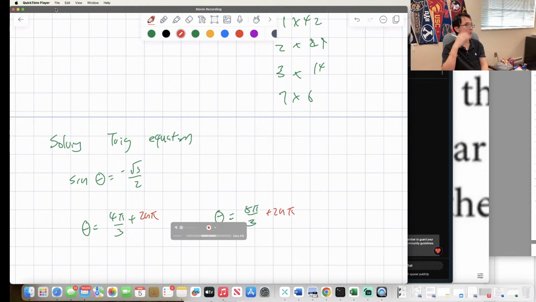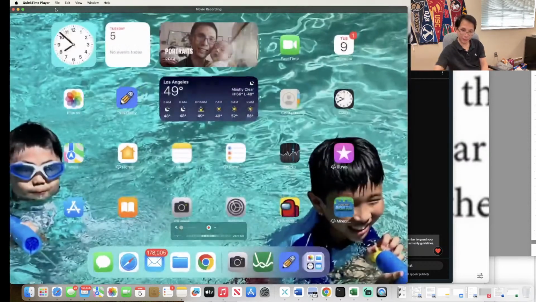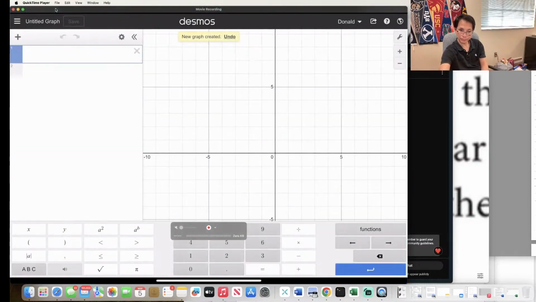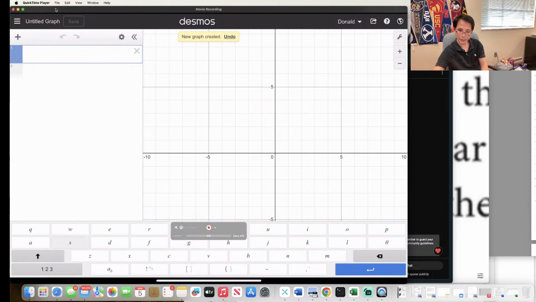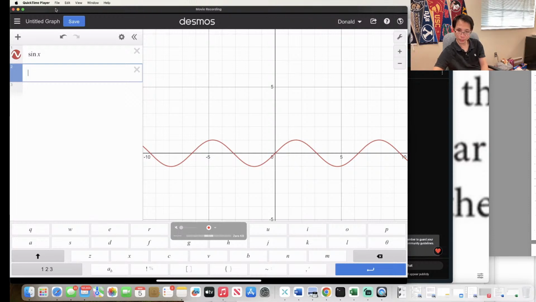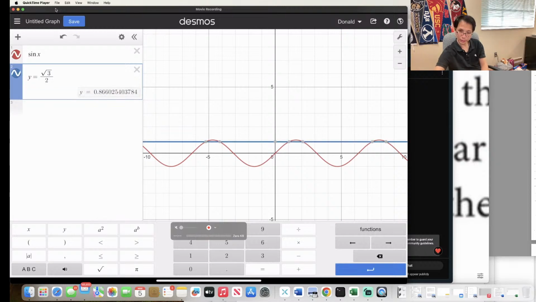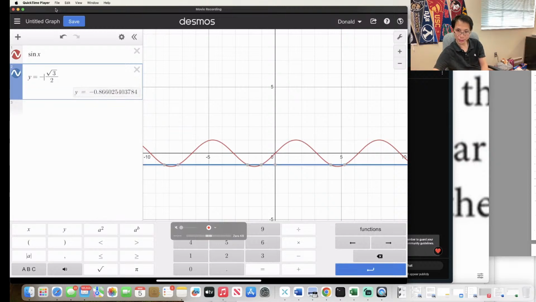And the way to think about it is this. If I graph sine of x, and I graph y equal to negative root 3 over 2, like this, you see there is an infinite amount of intersections.